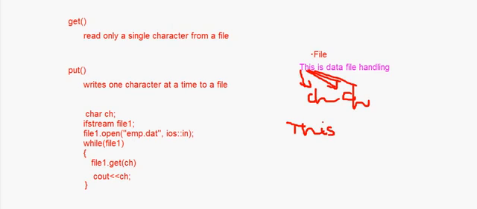Okay. And the put function, same way, if you want to write something character by character, then you will use the put function. So for using the put function, you should have an ofstream class object, sorry. And you have to associate a file with it, and whatever character, supposing the user enters something, cout, enter a character, right? In ch.